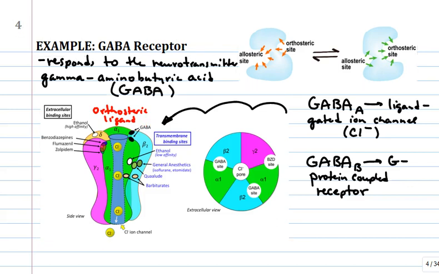I don't want to cover up GABA here. And then there's a lot of different allosteric modulators. Look at this. Ethanol has a high affinity binding site, an extracellular binding site on GABA. Benzodiazepines, barbiturates.